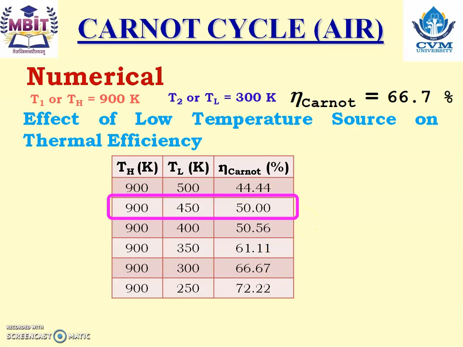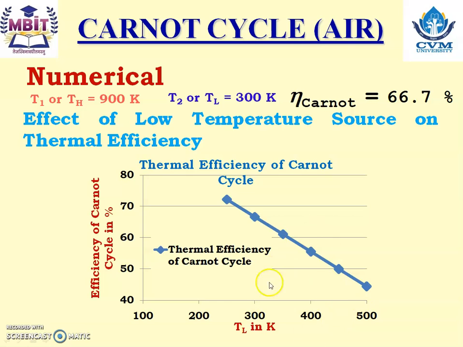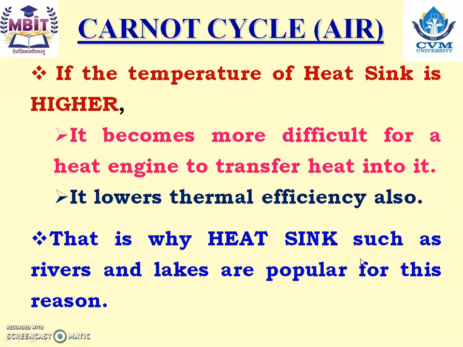Now let us represent the same thing on the graph. If the temperature of heat sink reduces, efficiency of the Carnot cycle increases. Or in another way, if the temperature of the heat sink increases, the efficiency of Carnot cycle reduces.